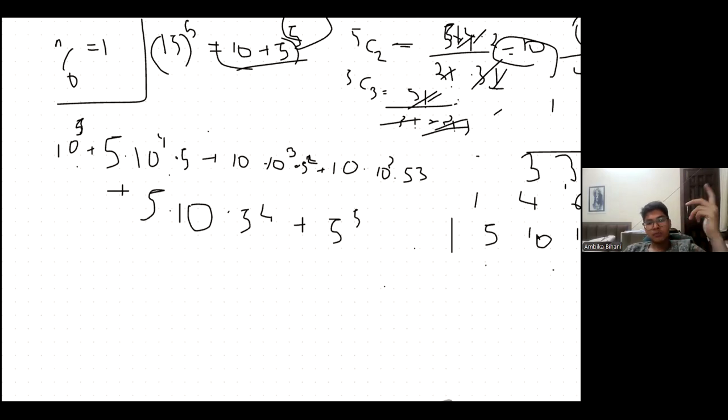So this is what I find very interesting and amazing, right? I know this has taken a lot of time, but if you just keep practicing, keep doing some questions, you'll automatically get how to solve.